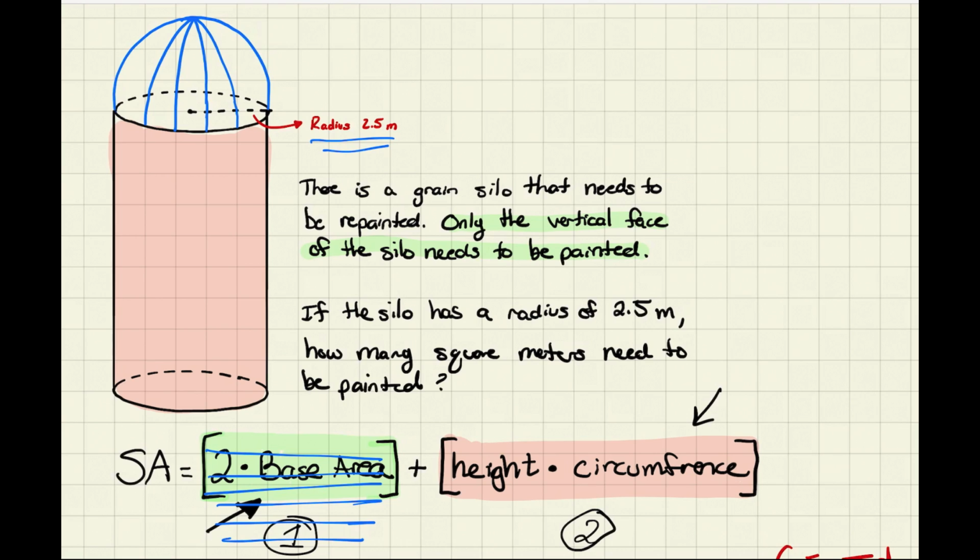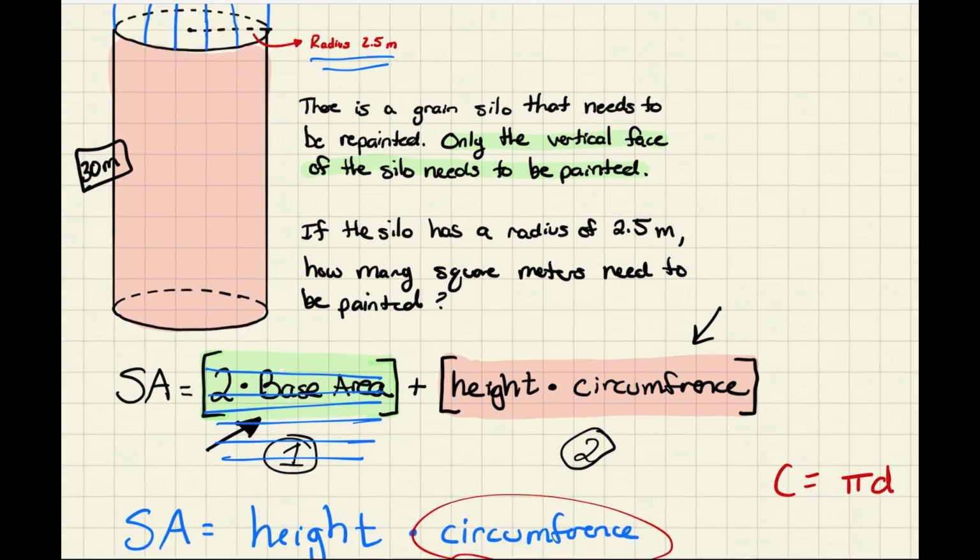So the height of this particular grain silo, okay, if you think about a grain silo, it's as tall sometimes as 2 or 3 buildings, and a building on average can be anywhere between 10 meters tall. So we're going to say that the height of this grain silo is 30 meters. That'd be a very tall grain silo, very tall.